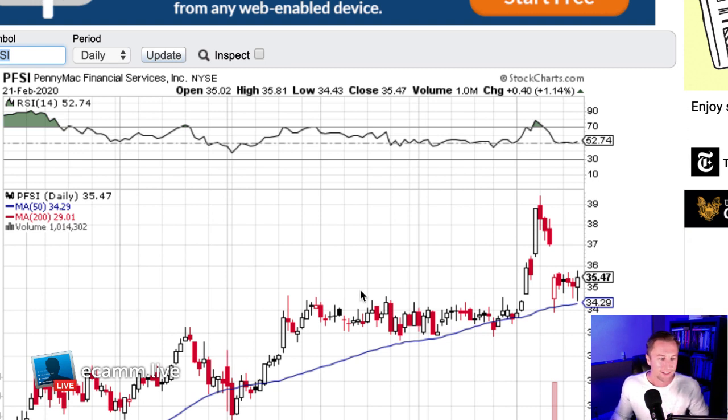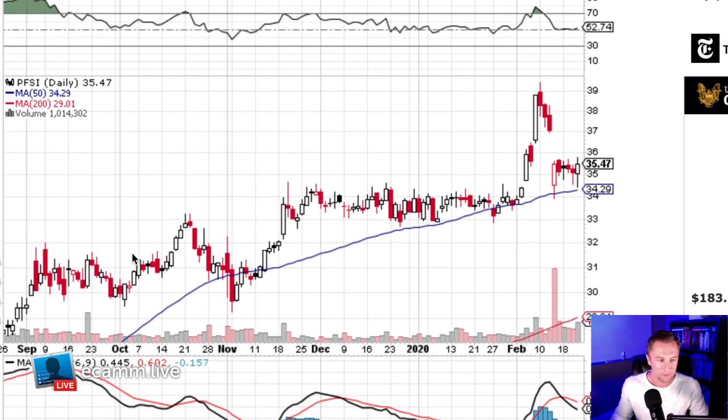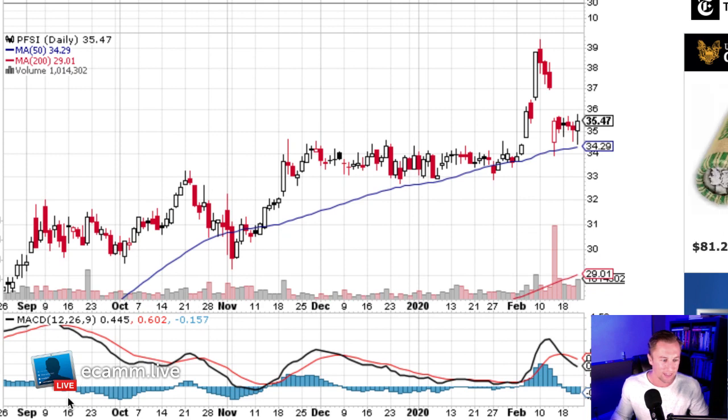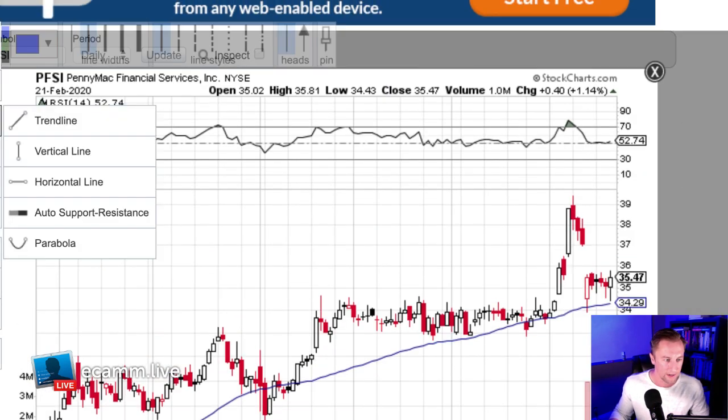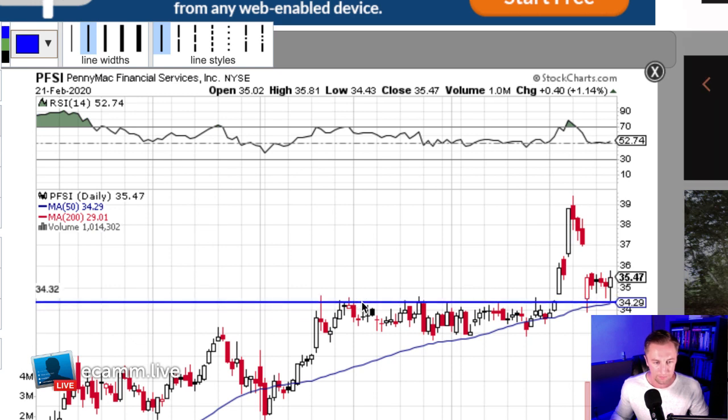I wouldn't necessarily move into Penny Mac right as of now. I'd want it to... well, it's hard to say. I'll annotate it for what I mean. So if I draw the horizontal line right in this range, as you can see, it came up and was being rejected. So there's a lot of resistance in this area.